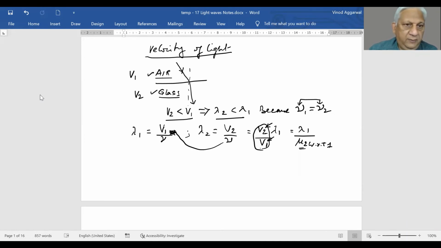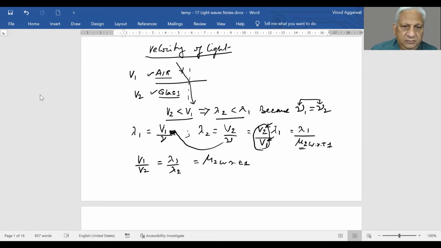Or we can also say V1 by V2 is equal to another form of writing. Mu of media 2 with respect to media 1.